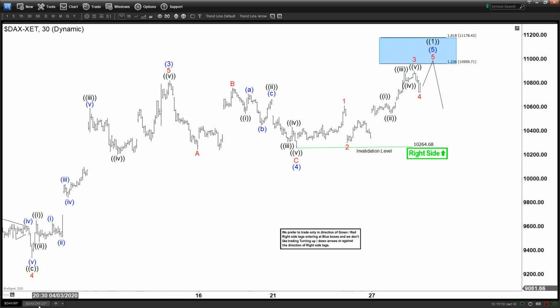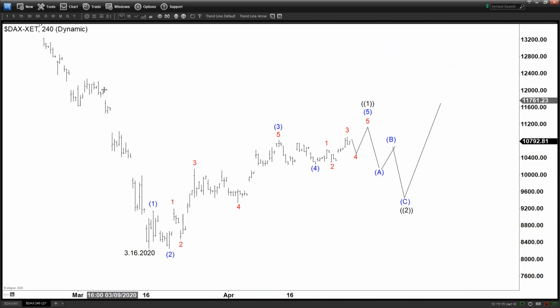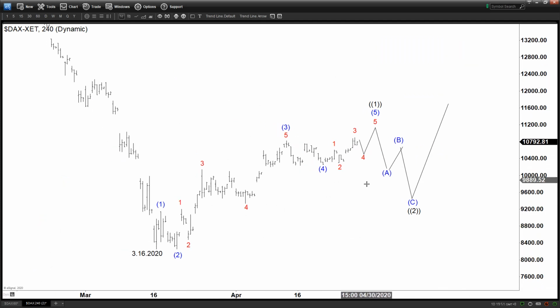And let me zoom out. Remember, this is the position of the 3 and 4, and then we are finishing with 5 here. So if we zoom out, of course not all the labels here, but at least to give you ideas. This is the low after the COVID-19 sell-off, March 16. So we got this 1, 2.